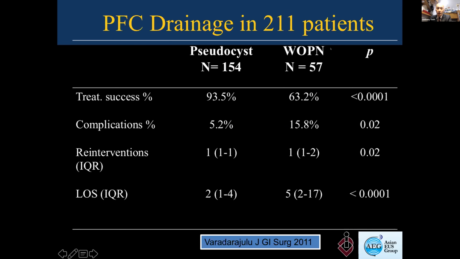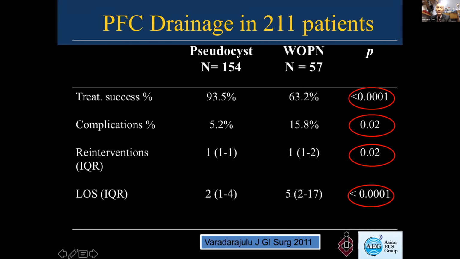So if you look at this large series by Virajulu, the treatment success rate for pseudocysts, just pure fluid, is 93% versus 63% in wall-off necrosis. Complications, again, are higher for wall-off necrosis, reinterventions will be more, and length of stay is also longer.